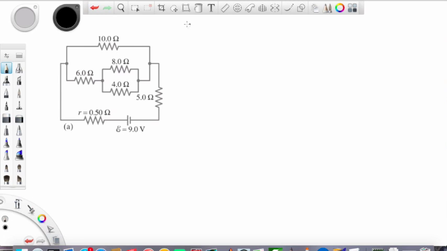That would be 8 times 4 divided by 8 plus 4, which is 32 divided by 12. That gives 2.7 ohms. So this one can be replaced by one 2.7 ohm resistor.